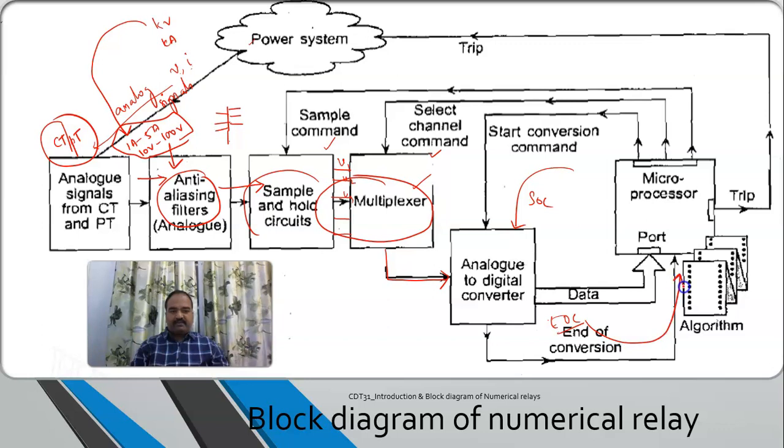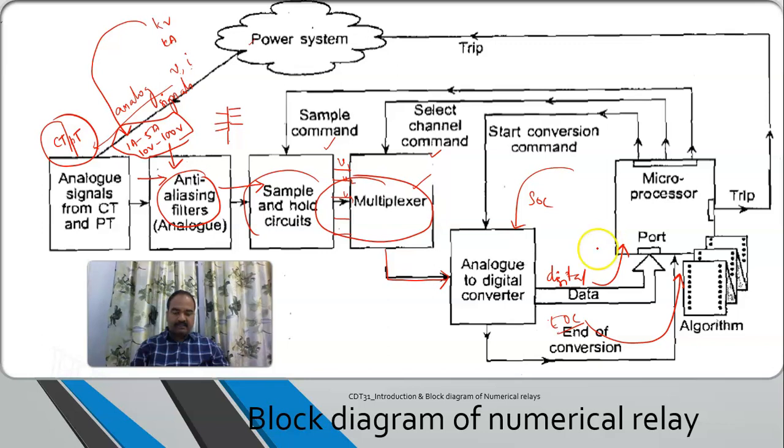It will be sent to your microprocessor, which means that the conversion is completed. Once the data is converted to digital data, it is sent to your microprocessor, where you will have some software and algorithms, and all this processing will be done.